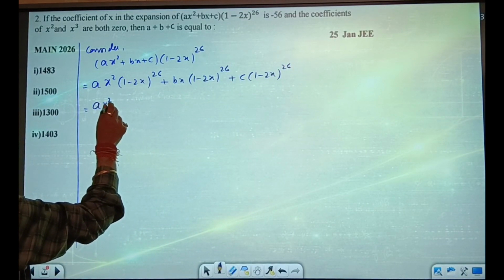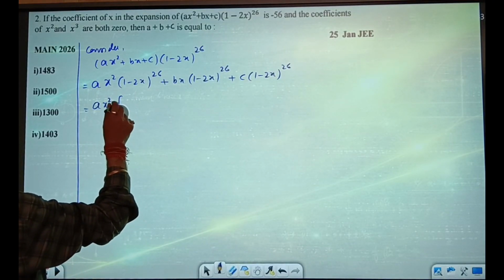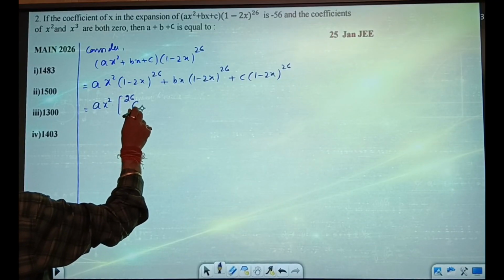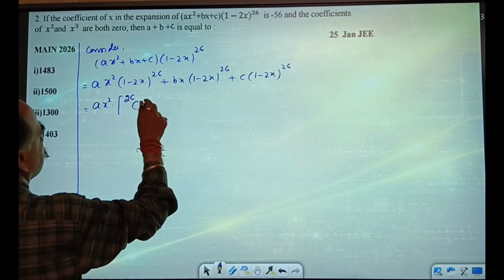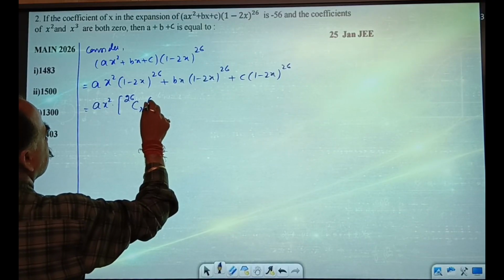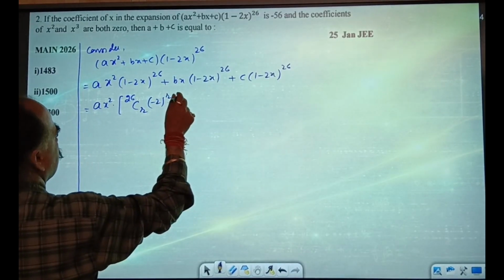Ax², its general term is what? 26CR (−2)^R x^R.